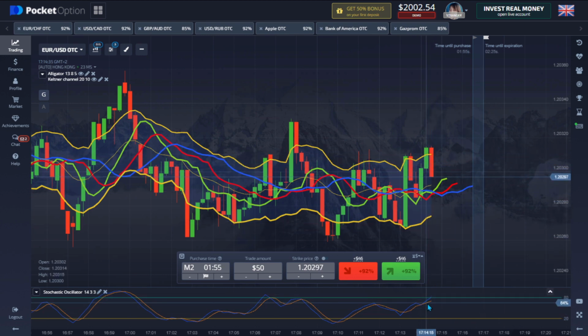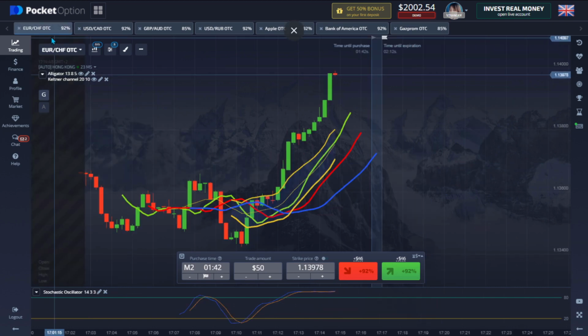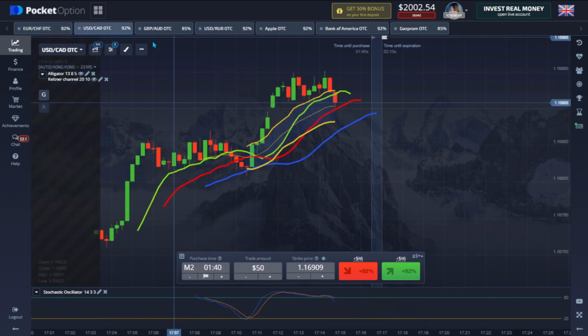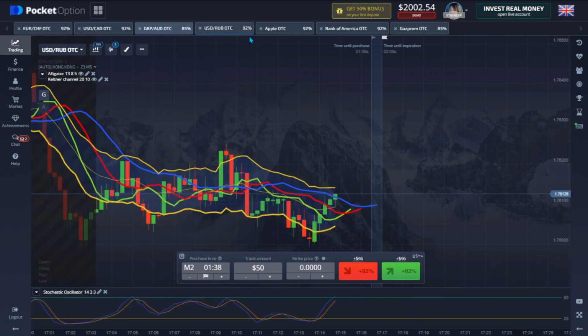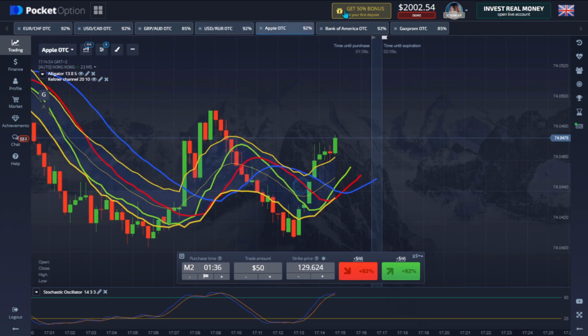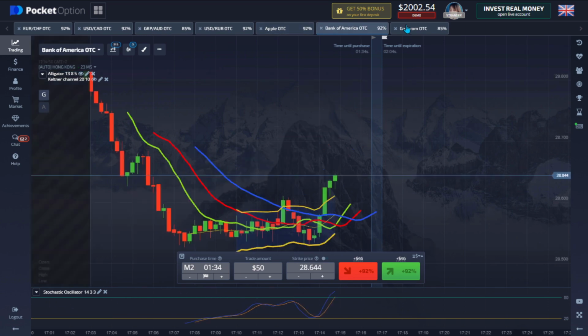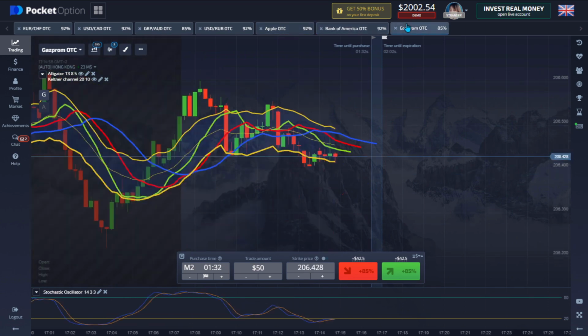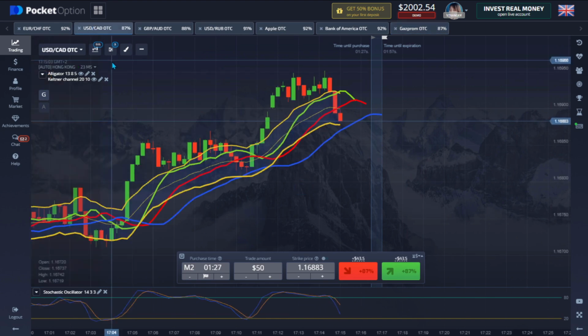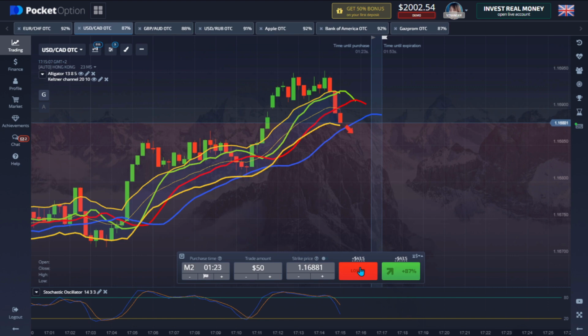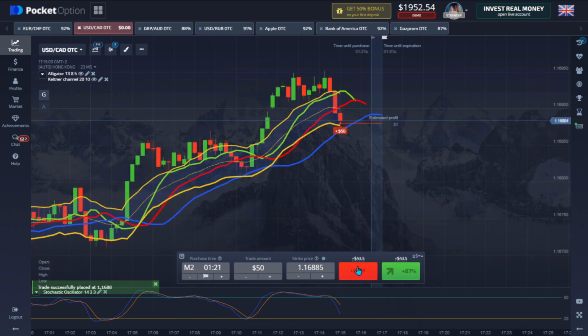Let's wait for a perfect timing para mag-buy or sell. Let's look kung saan may magandang gagawin tayo ng trade. Masyadong dito tayo sa USD CAD. So ngayon naman pababa siya. So let's call.